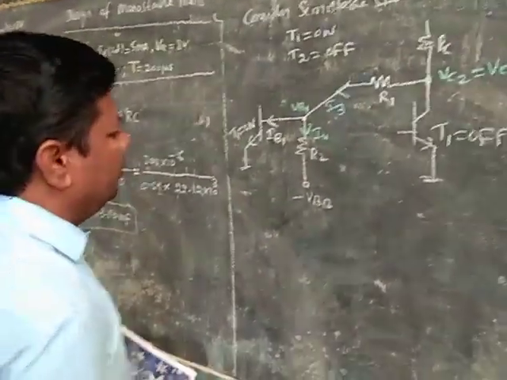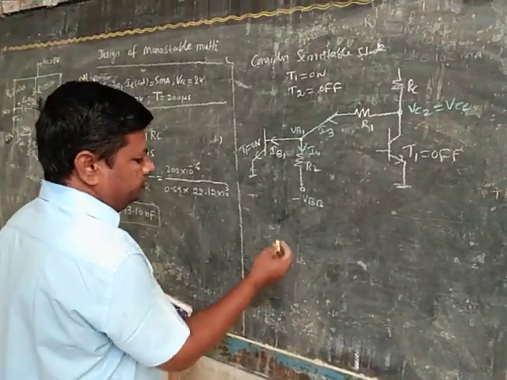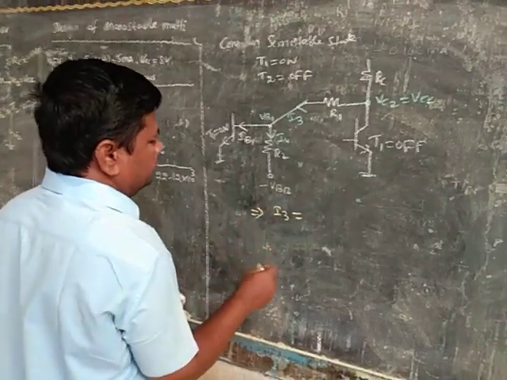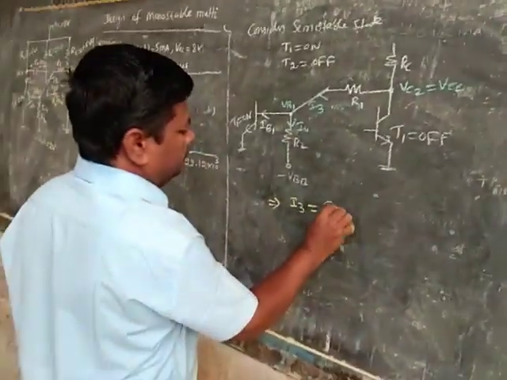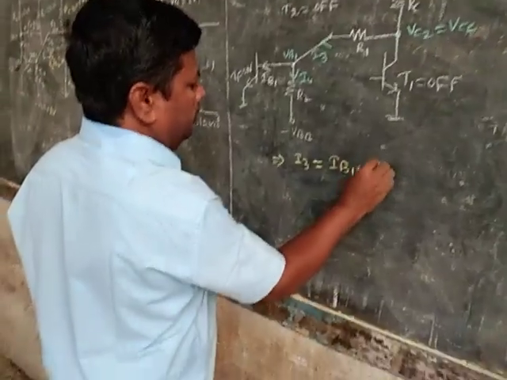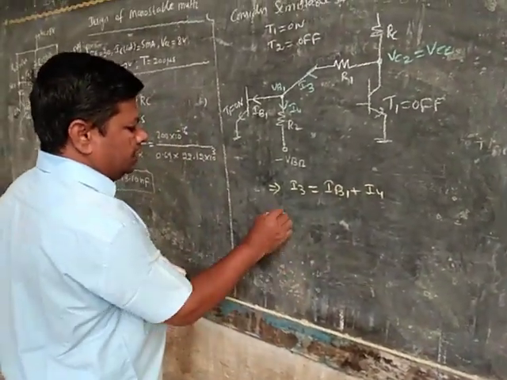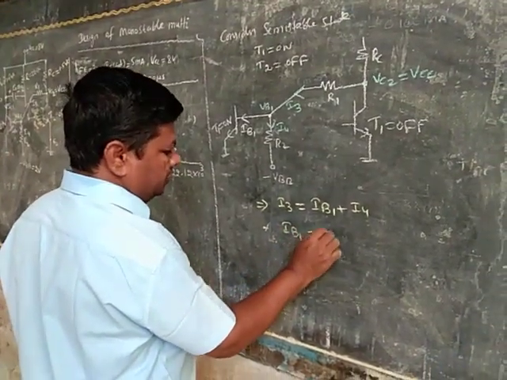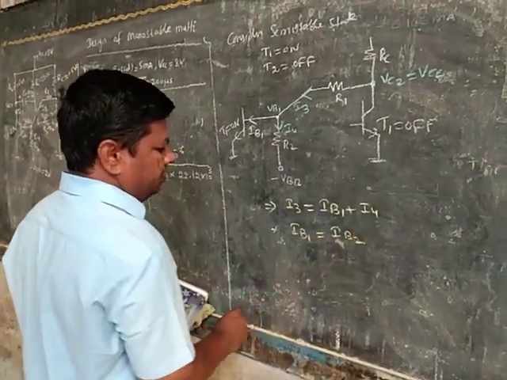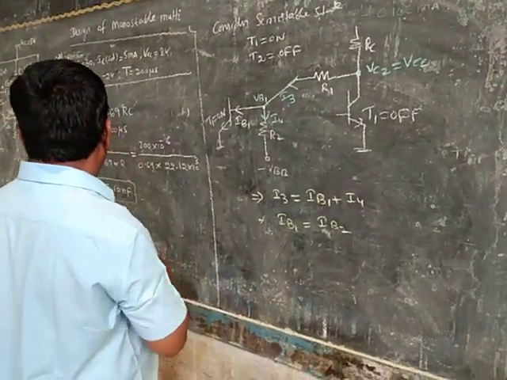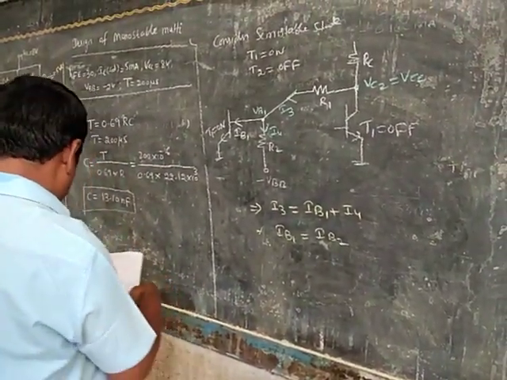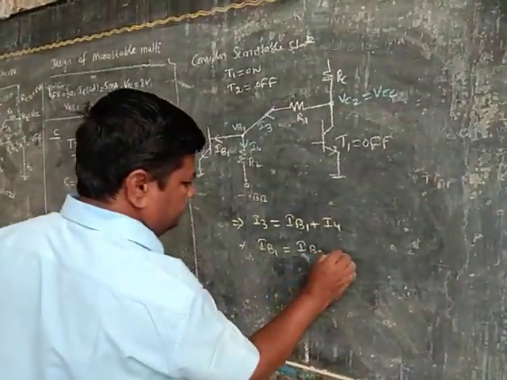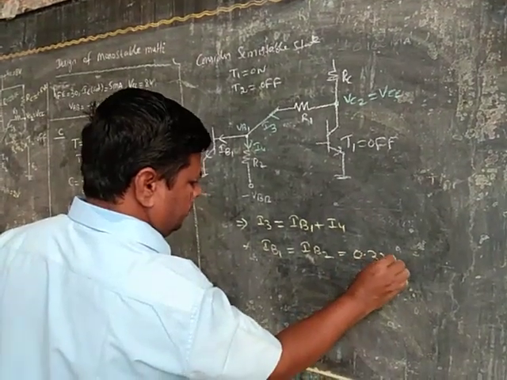And this value is VB1. Now the relation is I3 is equal to IB1 plus I4. And here two assumptions are: IB1 we can consider approximately as IB2, and already we calculated that IB2 current is 0.33 milliamperes.